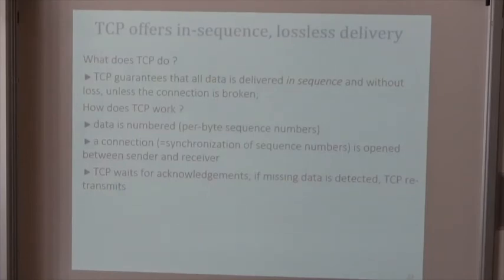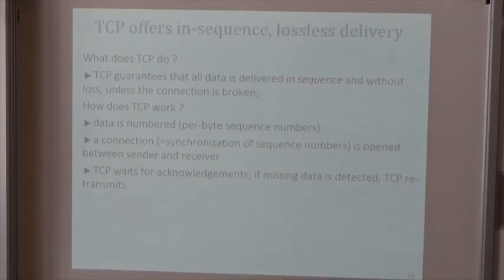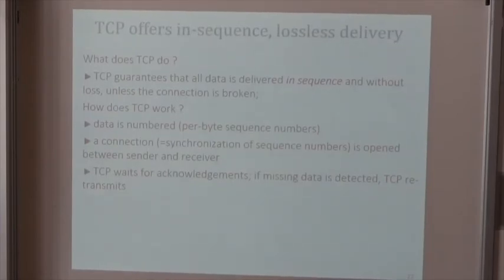TCP is offering sometimes what is called a virtual circuit service. The very old computer networks lived on the principle that you would establish a circuit, a physical circuit in some cases, from a source to a destination. The property of a physical circuit is that data can be lost if there are transmission errors.